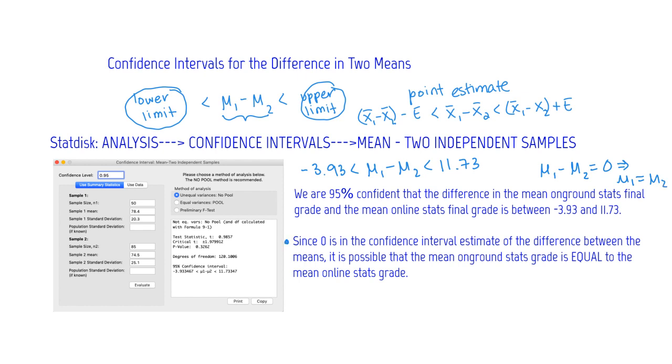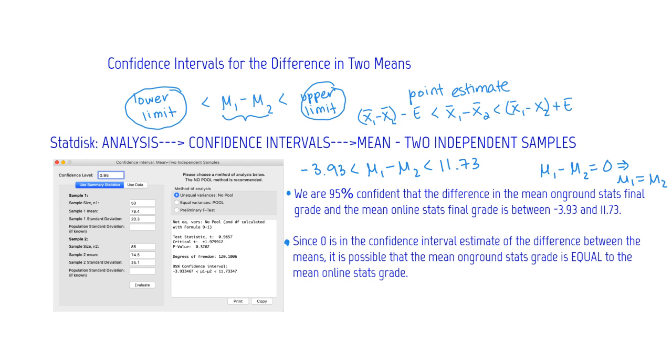And so that's what this statement says right here. Since 0 is in the confidence interval estimate of the difference between the means, it is possible that the mean on-ground stats grade is equal to the mean online stats grade. So this is a more powerful conclusion than the generic conclusion that we've been using in Chapter 9. Both of them are great to write, and in fact, I would expect that you know how to write both of them, but I think that the second conclusion is a little bit more interesting.